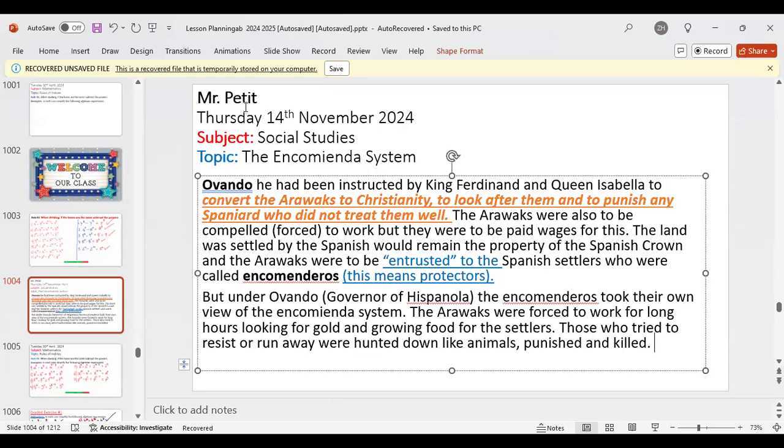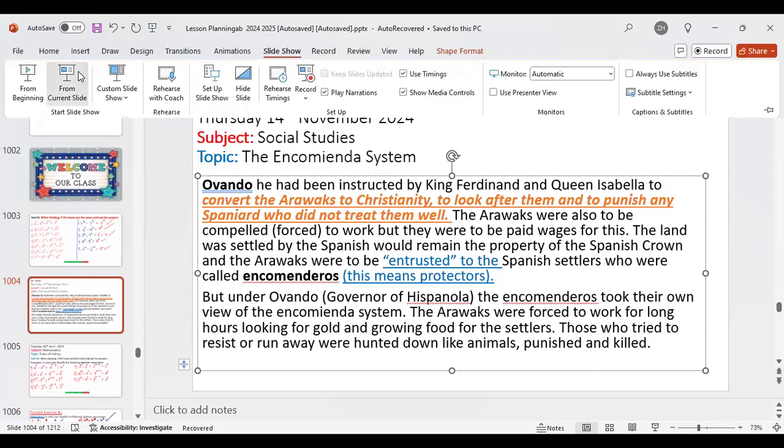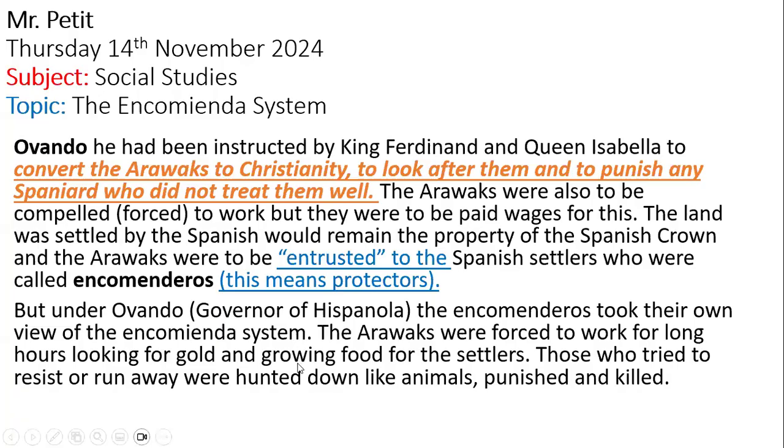So their philosophy, their way of running the encomienda system, was not good. They took the power that the king and queen gave them and they abused it heavily.